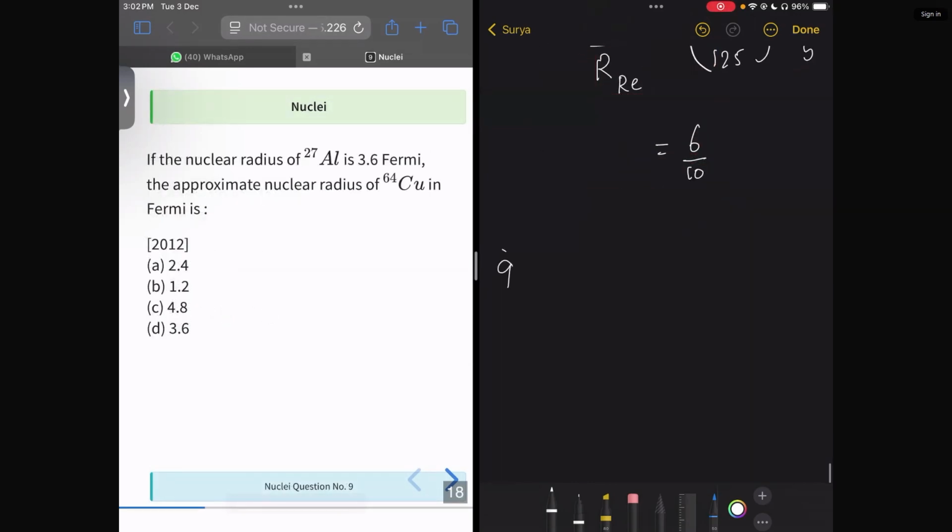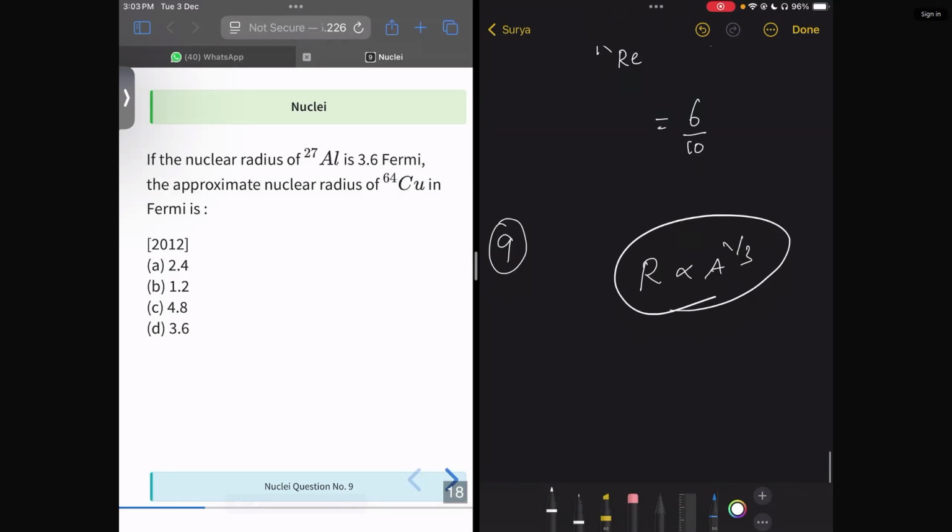So next question. If the nuclear radius of aluminium is 3.6 Fermi, approximate the nuclear radius of copper. So they are giving us the radius of aluminium, 3.6 Fermi. Then they are asking the radius of copper. So the radius of the nucleus is proportional to mass number whole power 1 by 3. This is the main relation, all of you know.